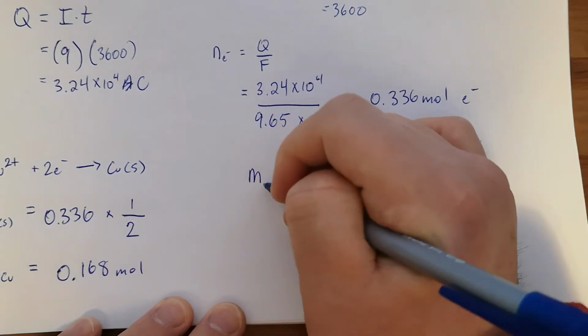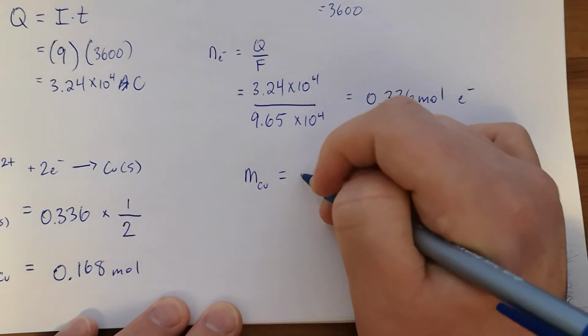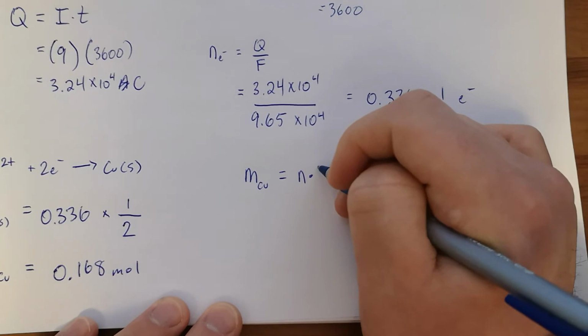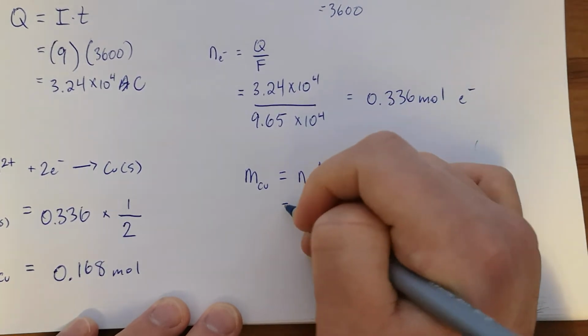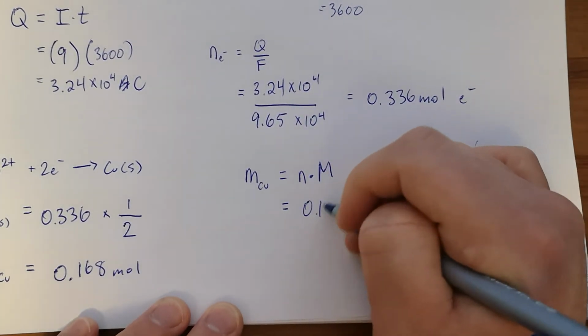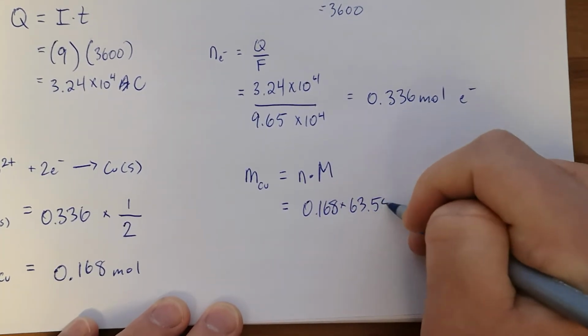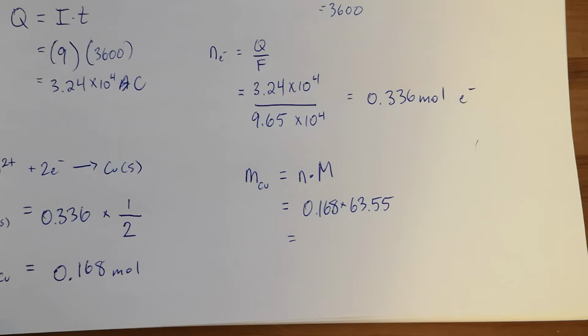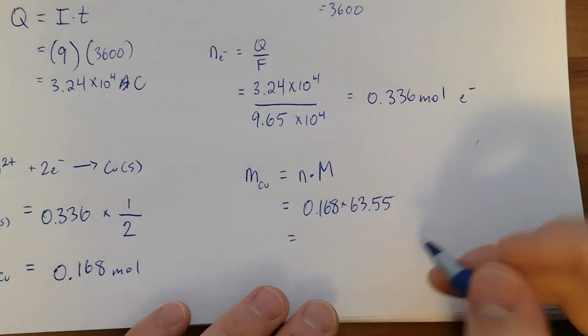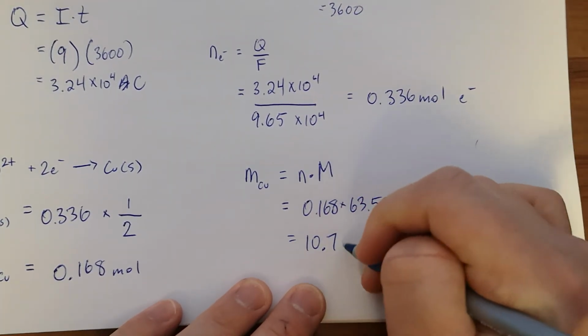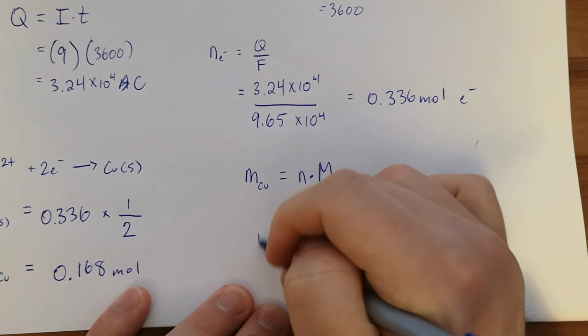So let's say the mass of copper here is going to be the number of moles times the molar mass. So that's going to be 0.168 times 63.55. Let's see what we get. 10.7 grams.